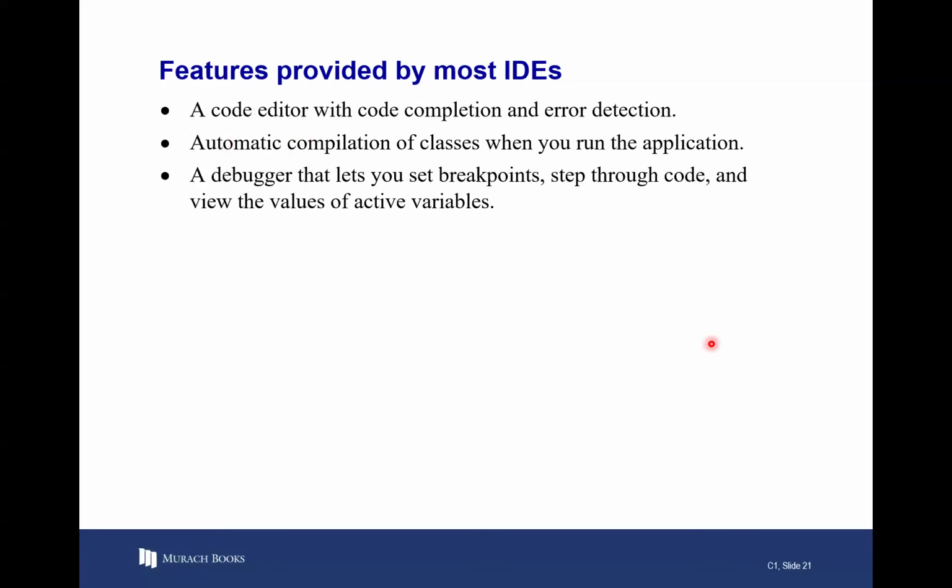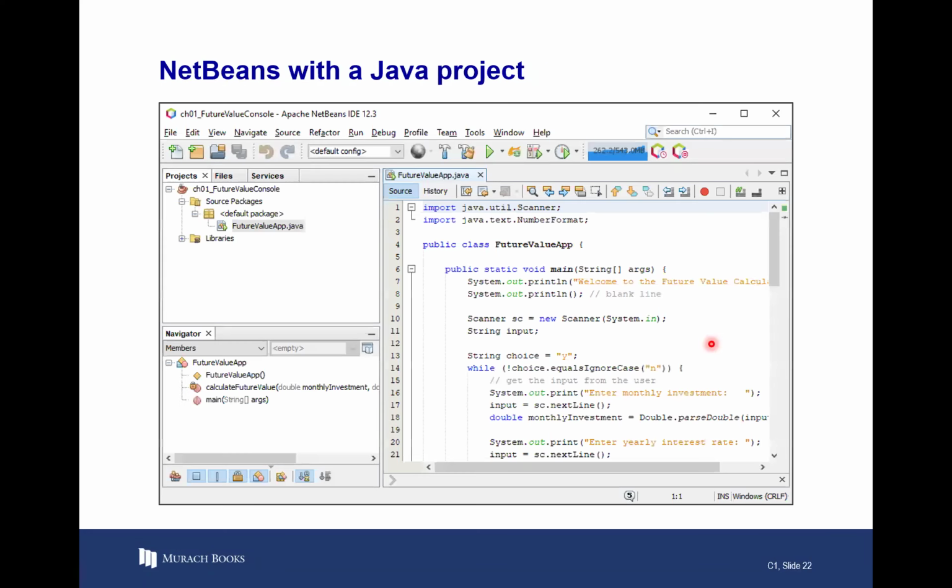These IDEs provide a code editor format where you can write your code, you can compile your code, and it will also find some errors while you are writing the code. You can also have breakpoints where you can see if there is a logical error in your code. And we will understand all of this as we run through most of our codes.